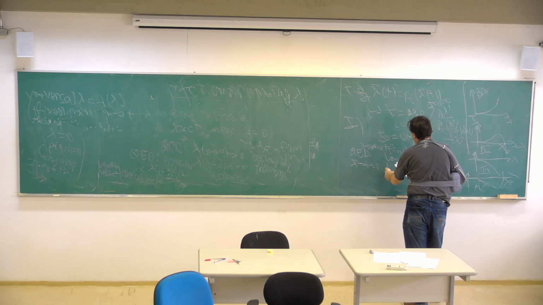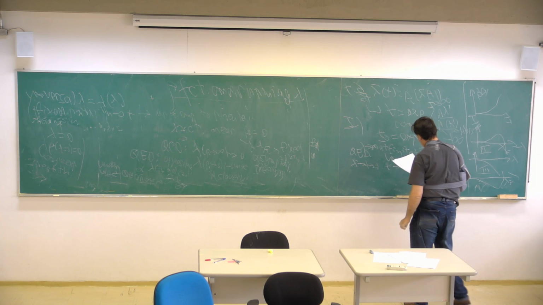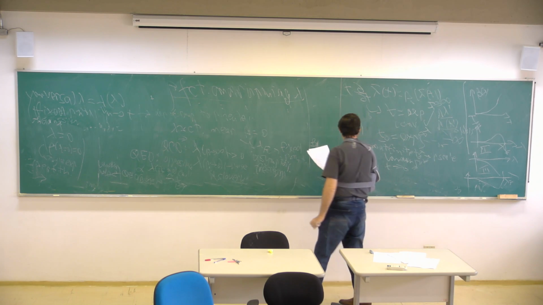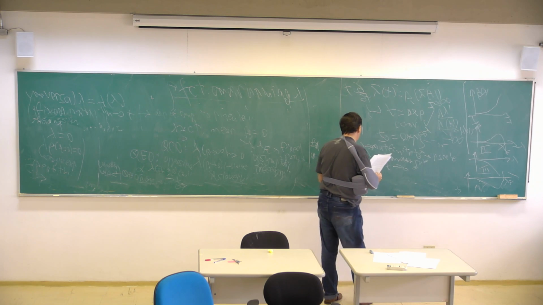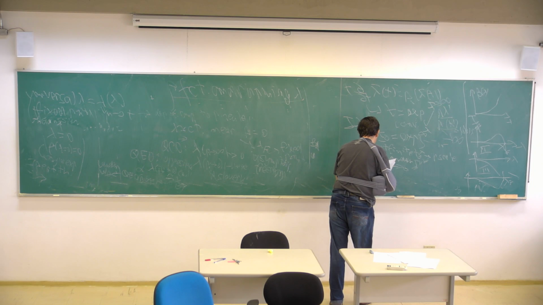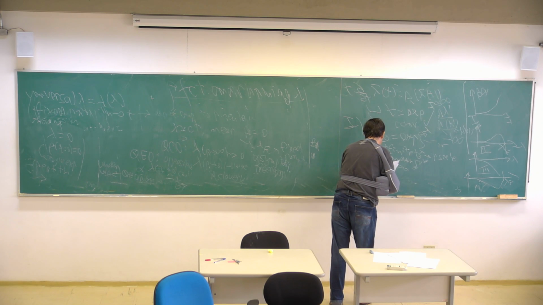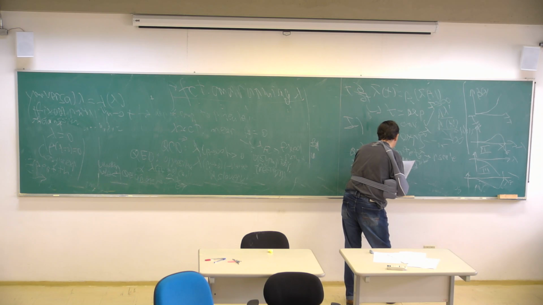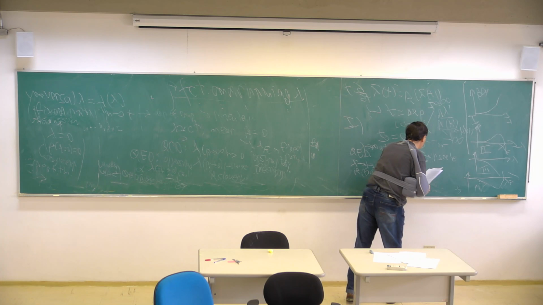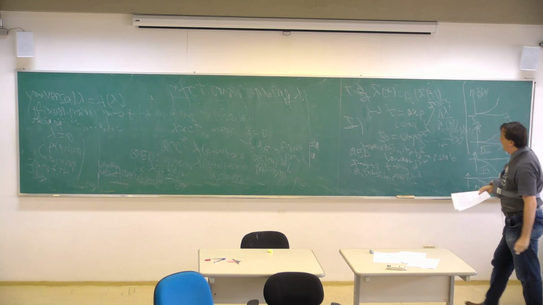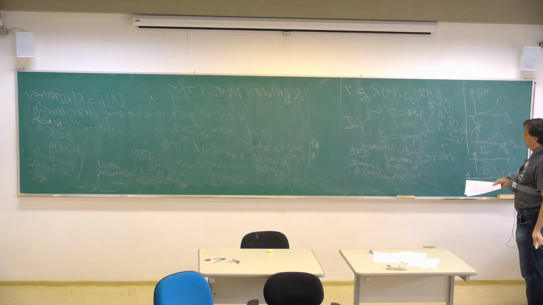So this object t goes to 0. So this is the IR Gaussian fixed point in this case, which is the behavior of QED.